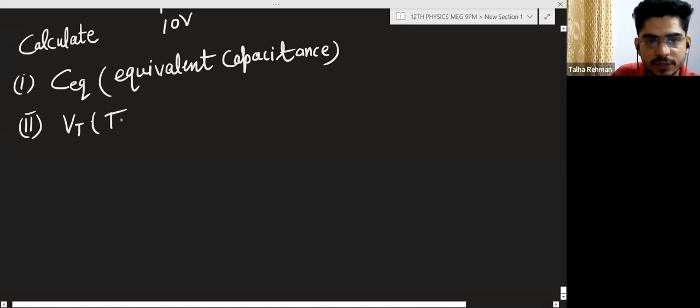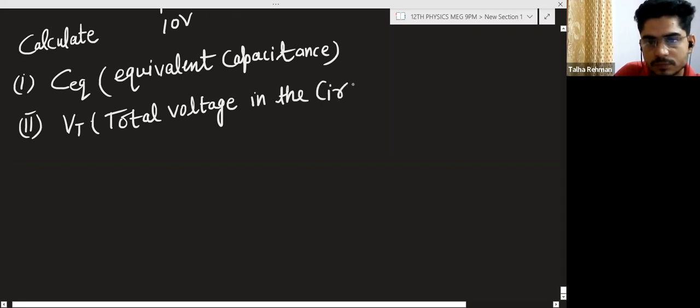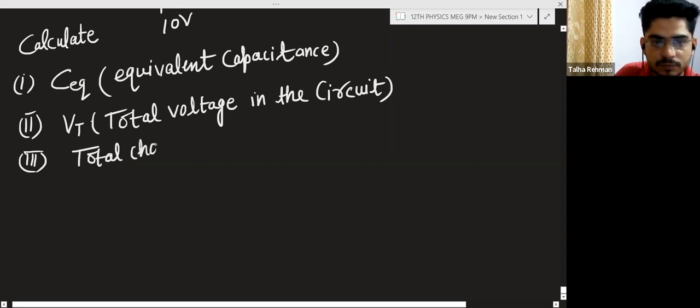Second, the total voltage in the circuit. Third, total charge. Fourth, charge in each capacitor.